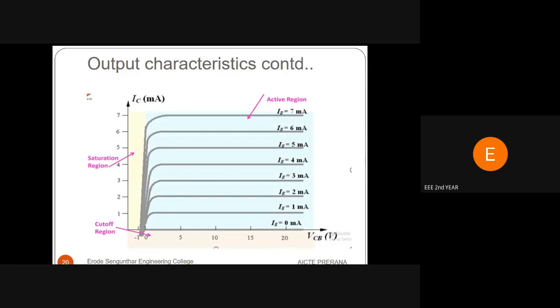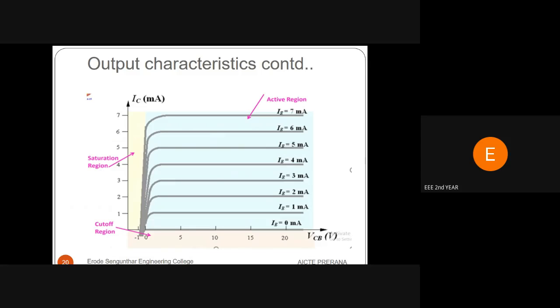The figure shows the output characteristics of common base configuration. The output characteristics is drawn between output voltage VCB and output current IC for various values of input current IE. In the figure, below IE equal to 0 milliamps is denoted the cutoff region. The middle region is denoted the active region.